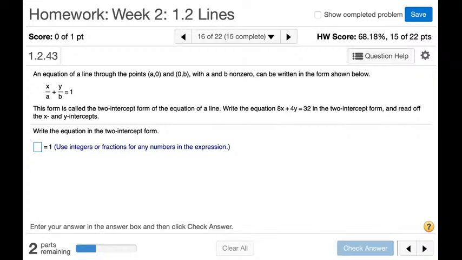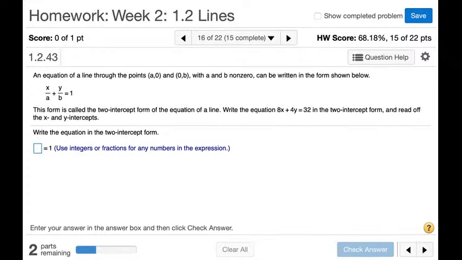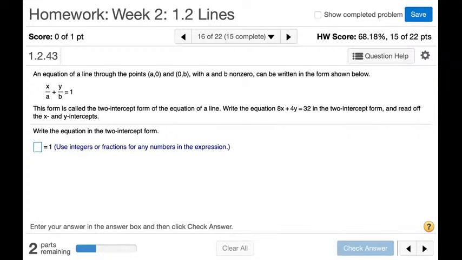Two-intercept form. Let me see, x divided by a, what is a? Through these points. This form is called the two-intercept form of equation. So we can just read the x-intercepts, the intercepts.